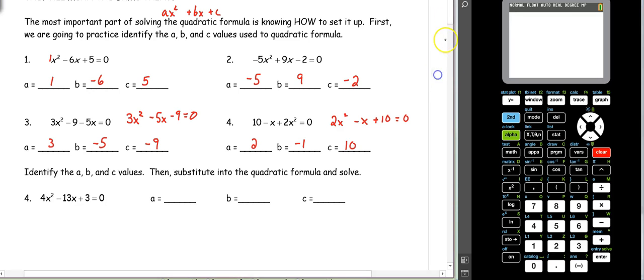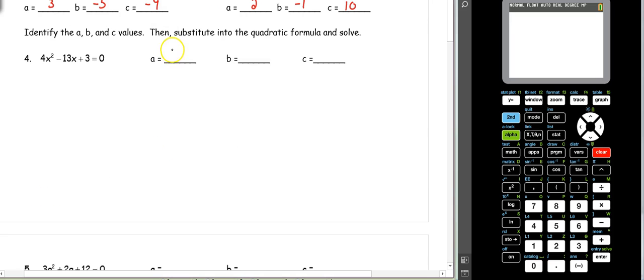So in number 4, we have the equation 4x squared minus 13x plus 3. I need to first identify my a, b, and c values. My a value is what's in front of the x squared, 4. My b value is what's in front of the x, negative 13. And my c value is the number by itself, 3. So we're going to substitute into our quadratic formula, which is at the top of your note page.